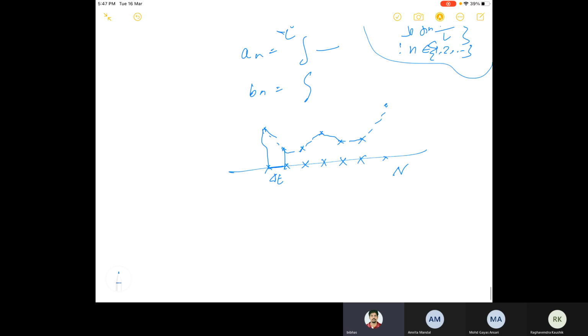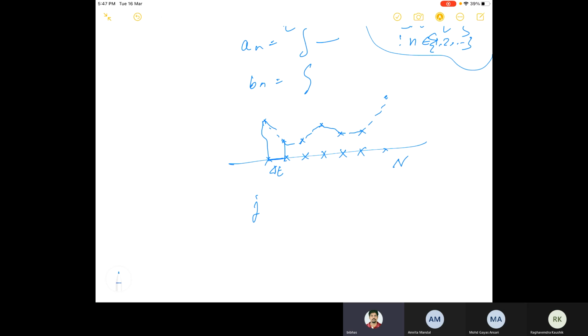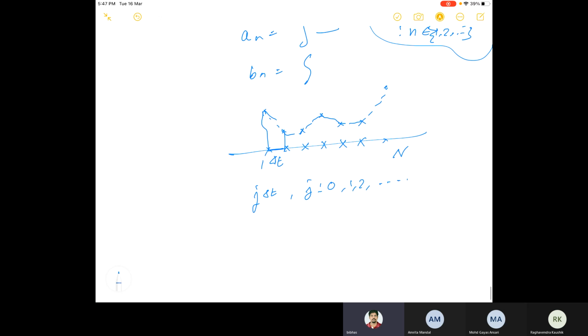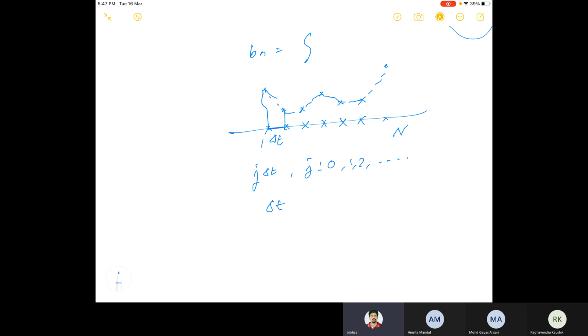So I can say the times are j delta t, where j equals 0, 1, 2, and so on, up to the number of points of this function. If you have capital N points, then delta t is approximately, because you want n observations, T max minus T min divided by n minus 1.